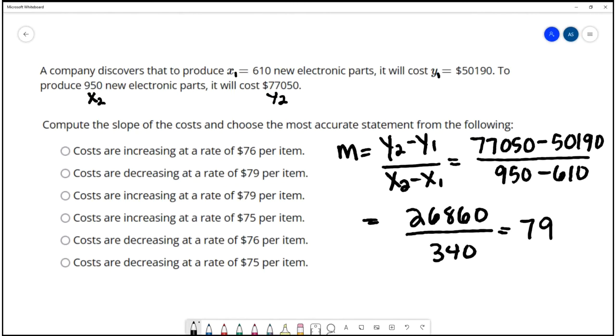So we've calculated the slope to be $79 per item. The units for the numerator are dollars, and the denominator is number of items. So our slope is representing a cost per item.